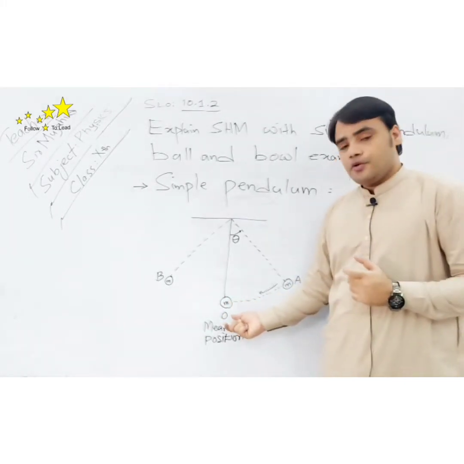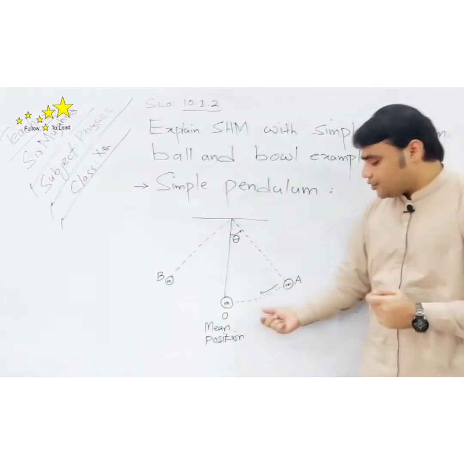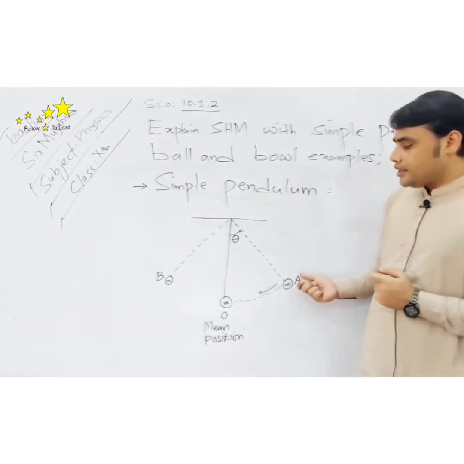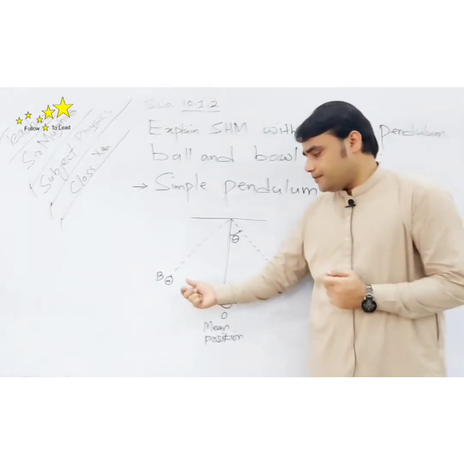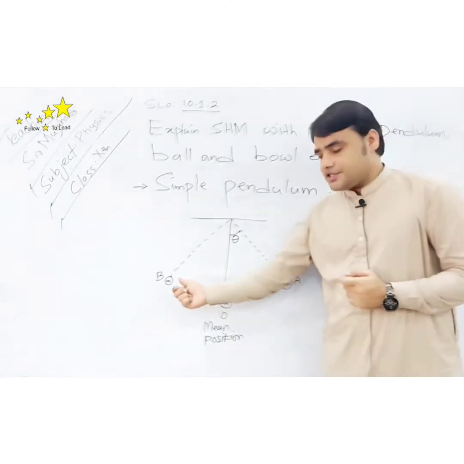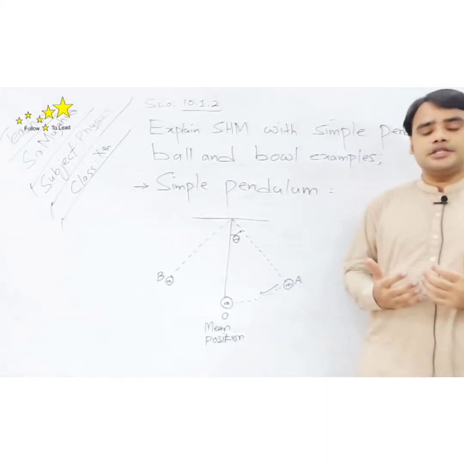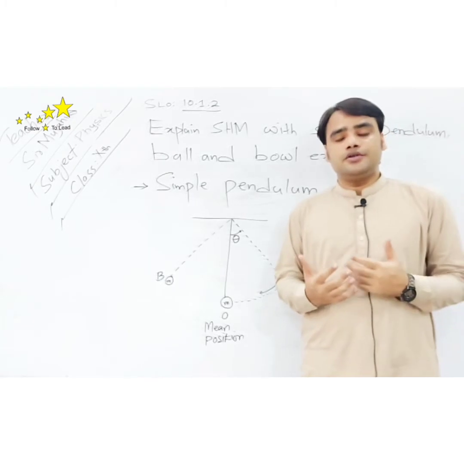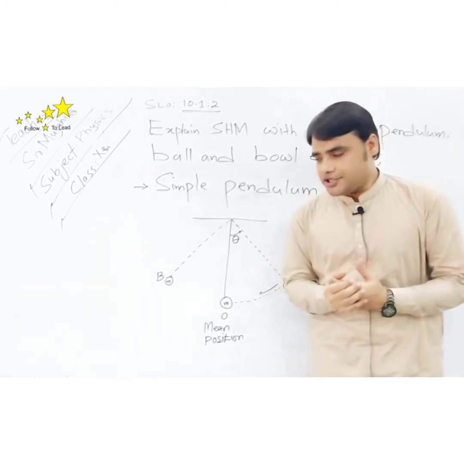Again at position O, it starts to slide towards position A. This bob continues its to and fro motion between both extreme positions, A and B, until all of its energy is converted into frictional energy.